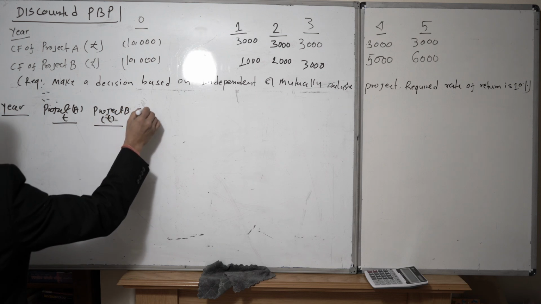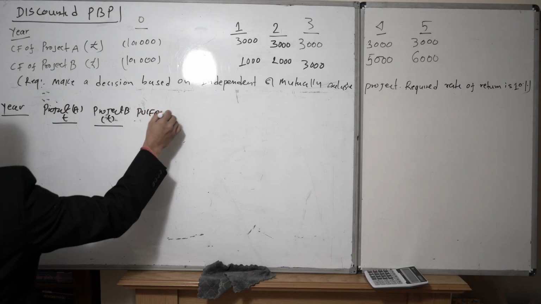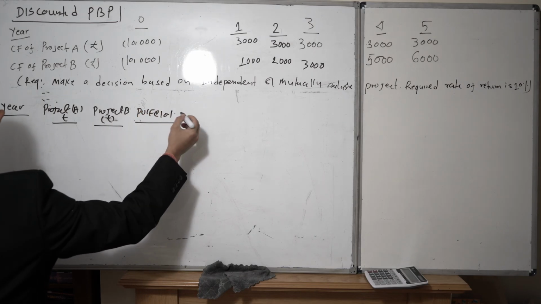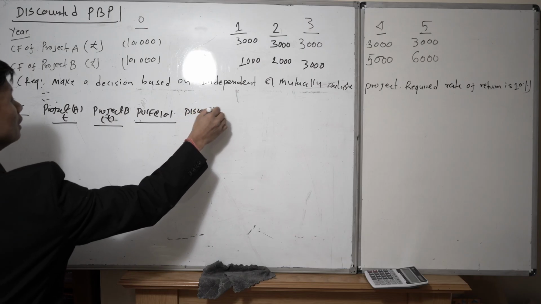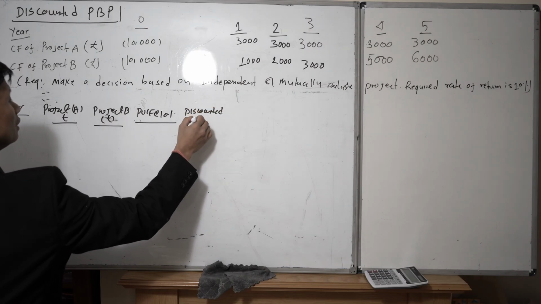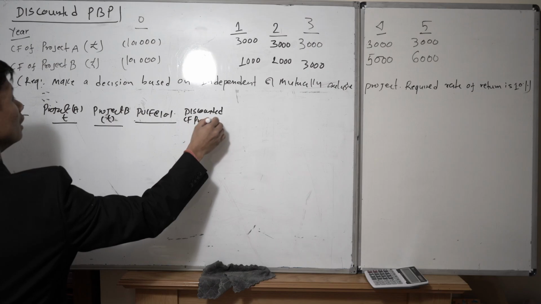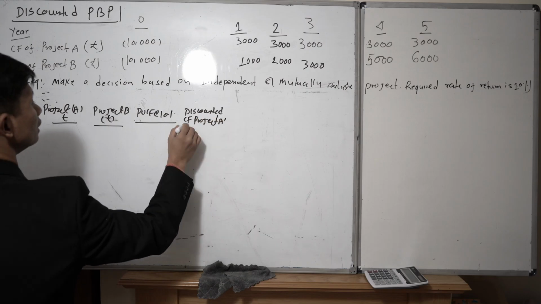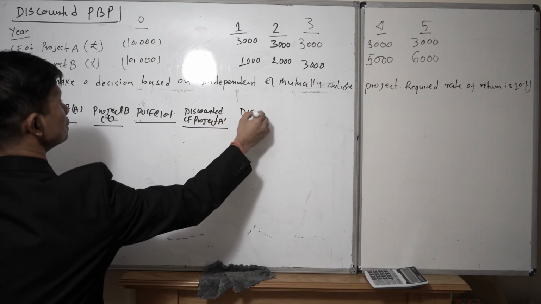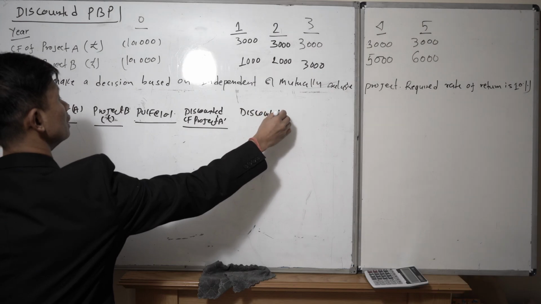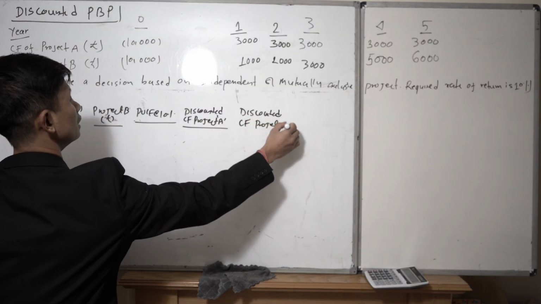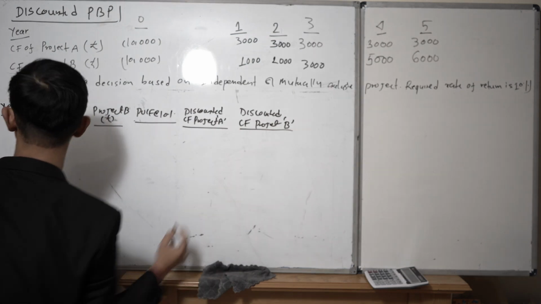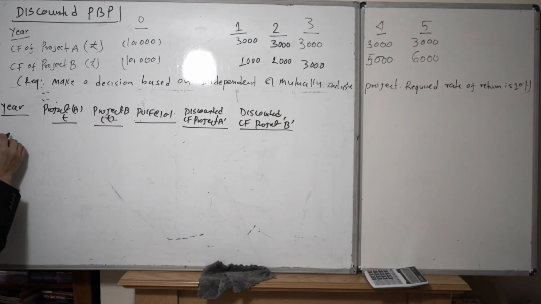Then the present value interest factor at the rate of 10%. Then the columns here: discounted cash flow project A and discounted cash flow project B.